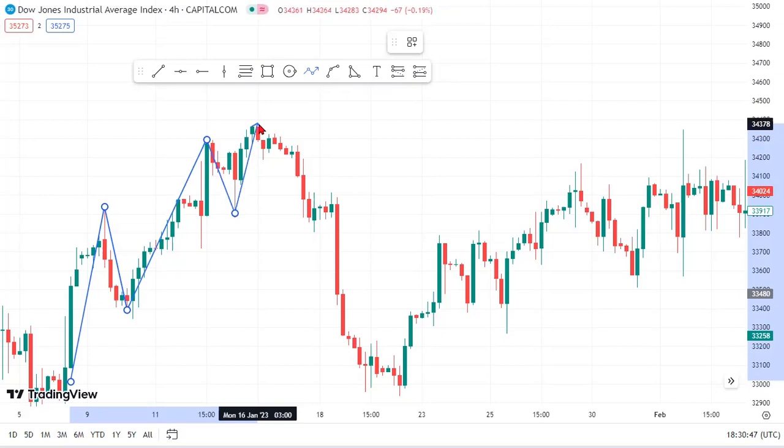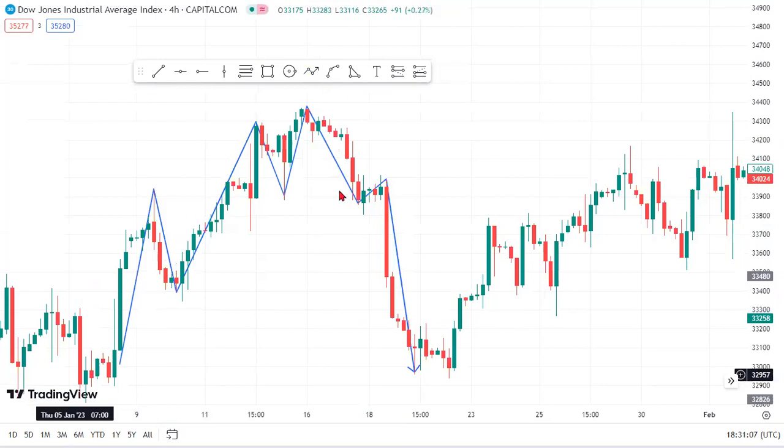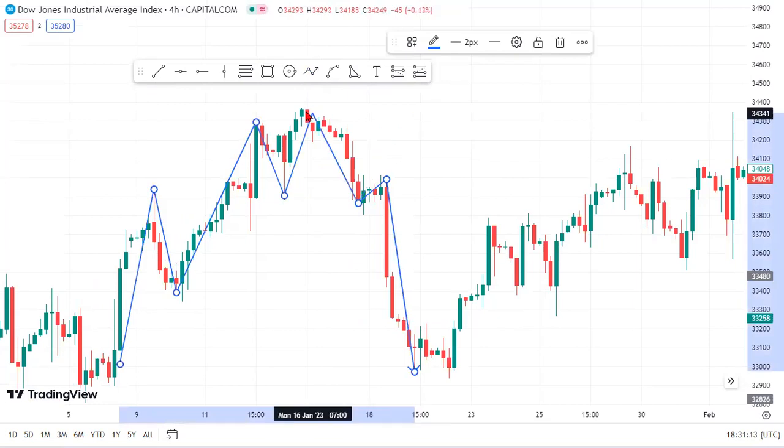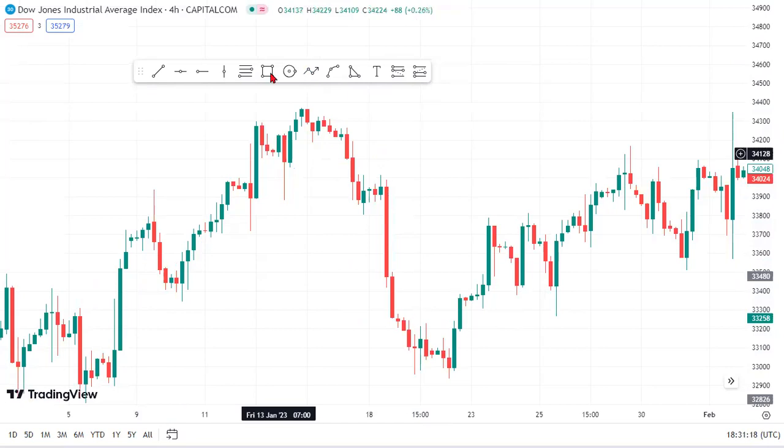So this is what the market gave you. And as you can see, the pattern is a very good pattern, right? It shows you that the market was going up and finally it reversed. So as the market went up, it gave you this zone before.